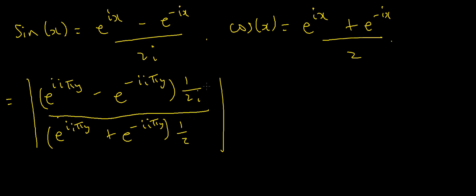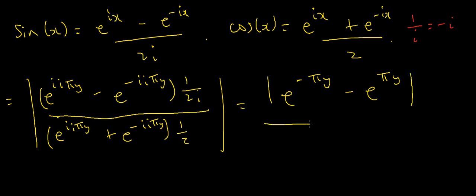I've got 1 over i appearing in the numerator, but the modulus of 1 over i is just 1, because 1 over i is just the same as minus i. You can derive that by multiplying the top and the bottom of this fraction by i, and so that means I can just get rid of that, because the modulus of that is 1. So that's going to give me the modulus of e to the negative pi y, because i squared is minus 1, minus e to the plus pi y, and modulus, all divided by the modulus of e to the negative pi y plus e to the pi y.